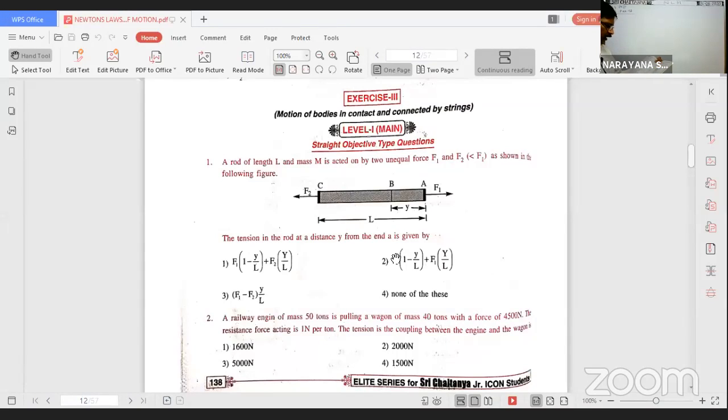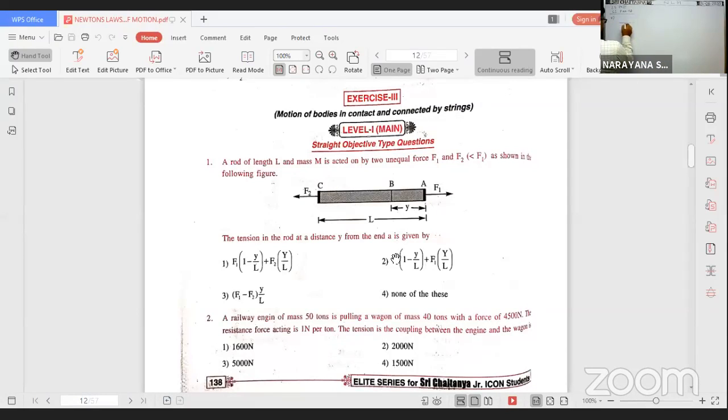A railway engine of mass 50 ton is pulling a wagon of mass 40 tons with a force of 4,500 Newton. The resisting force acting is 1 Newton per ton. The tension in the coupling between the engine and the wagon is?